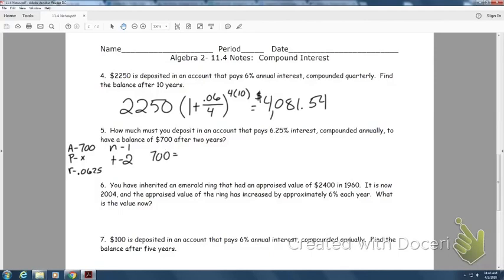I would then plug it in, so 700 equals the initial times 1 plus 0.0625 over 1 to the power of 2 times 1. Okay, so now how do I solve for P?